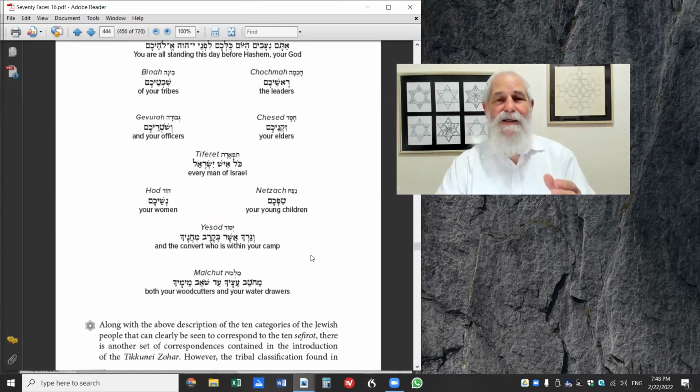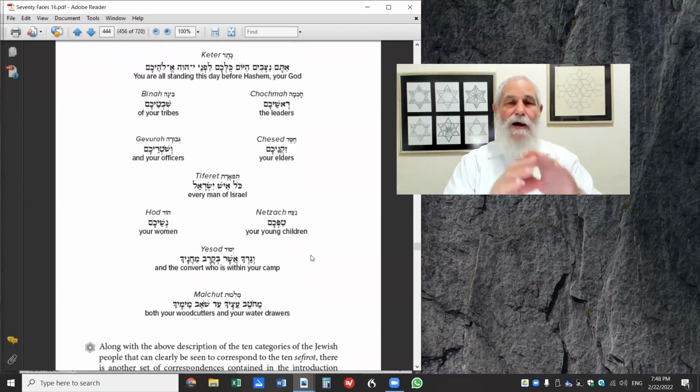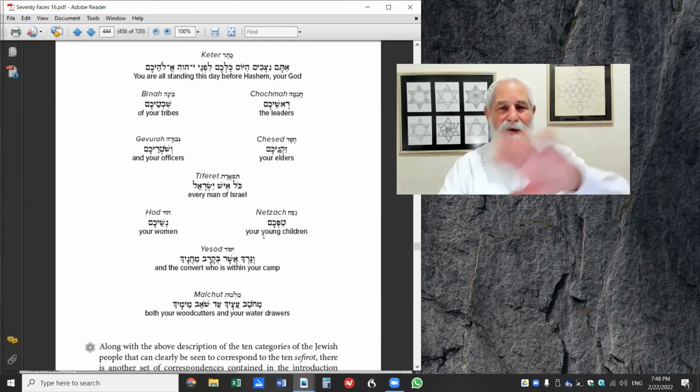So here, this is like a holistic look at all of Israel. You have the leaders, the men, the women, the children, the converts, the wise people, the courts and the officers. This is the picture of Am Yisrael, all in one verse, flowing through the Sefirot.